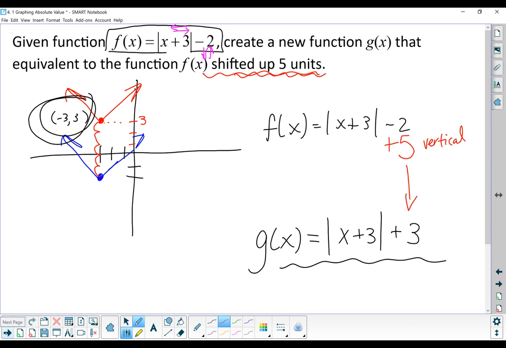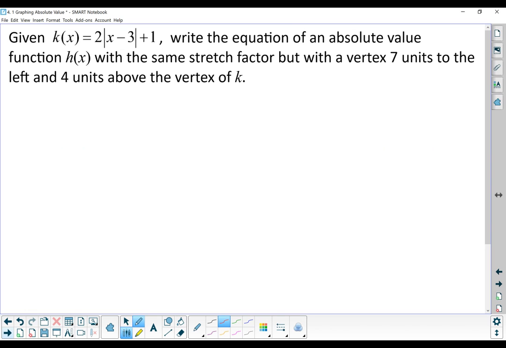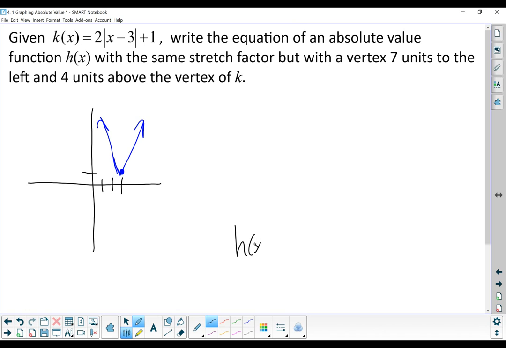We'll try one more of those because the left-right translations are a little trickier. So this one, we're starting with function k of x, and it has a vertex at +3, +1. It's a little bit steeper because it has a slope of 2. So this is my rough sketch of it. We want to write the equation for an absolute value function h of x.